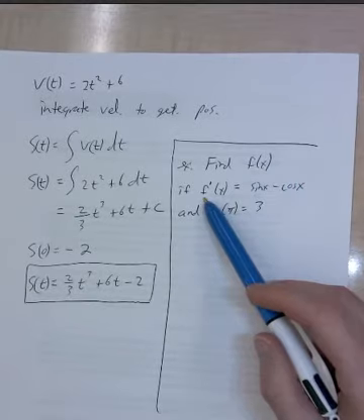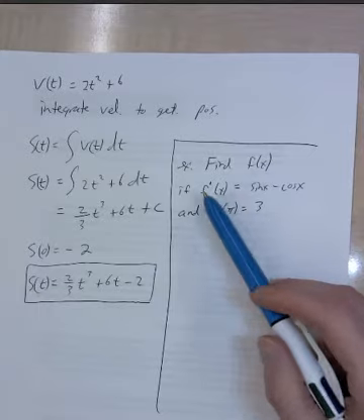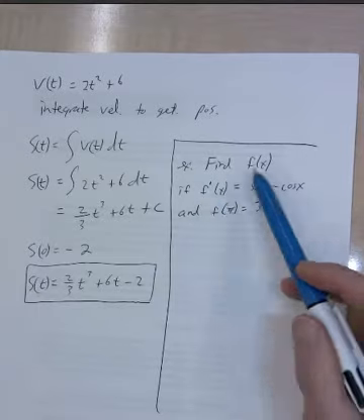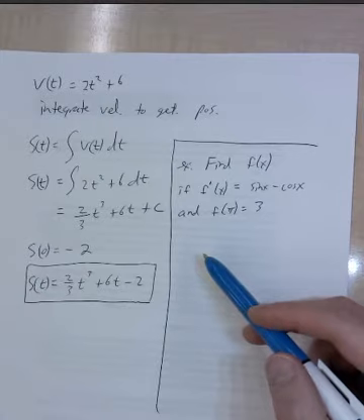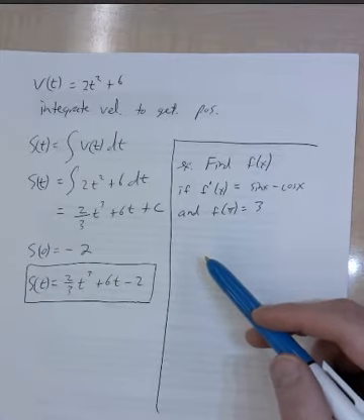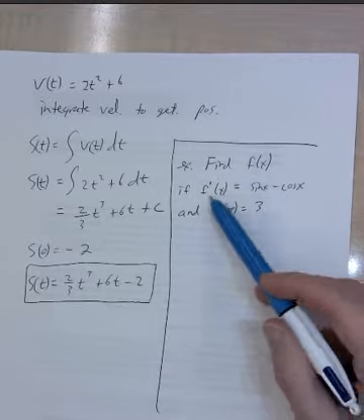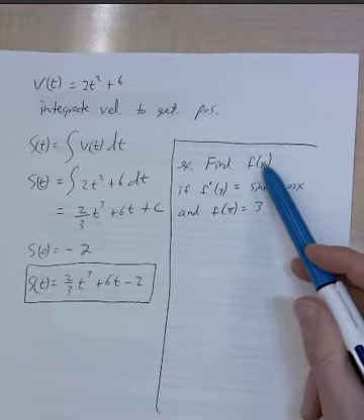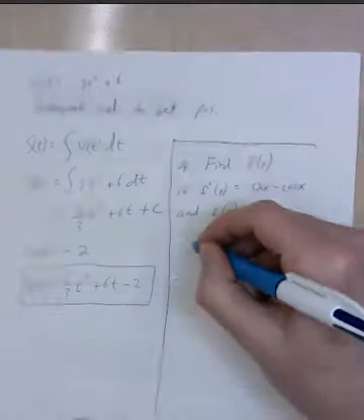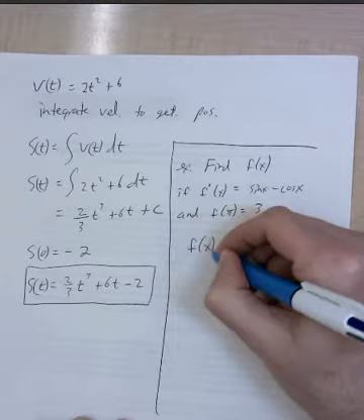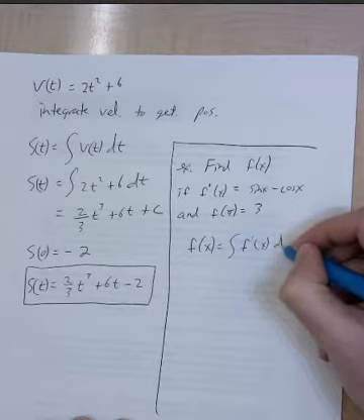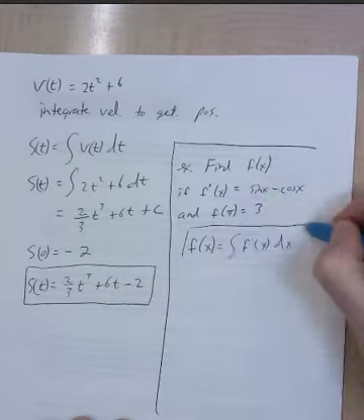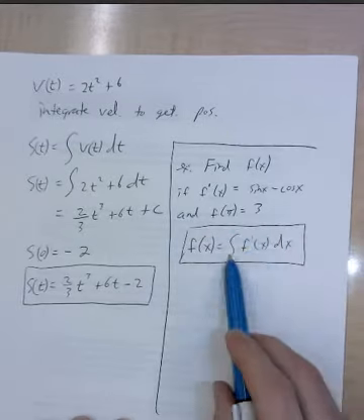So how do we go from the derivative to the original function? Integrate. If you integrate the derivative of something, you'll end up with the original function. So I'm going to write that as a general rule. F of x equals the integral of f prime of x. That's just a general rule. If you integrate the derivative, you get the original function.